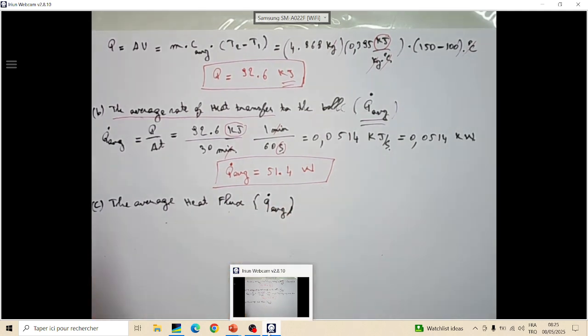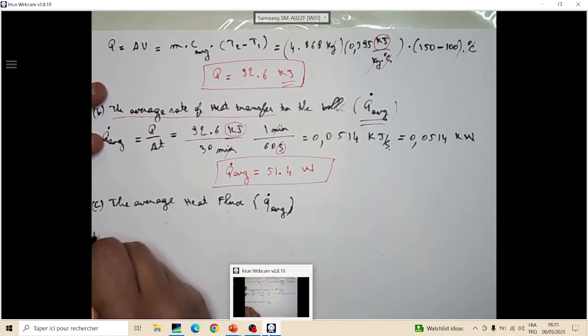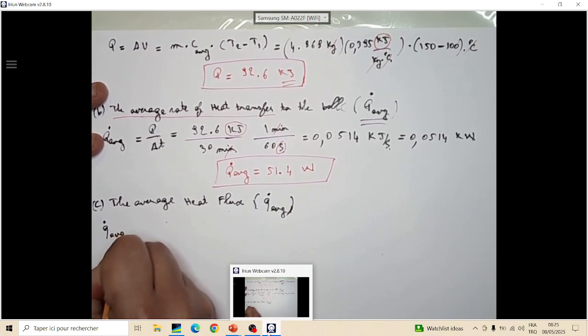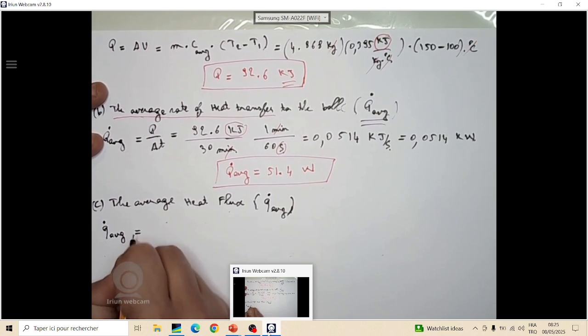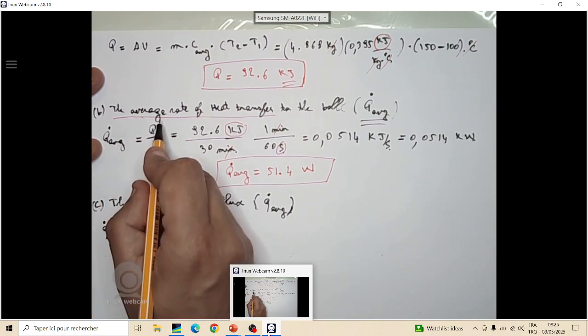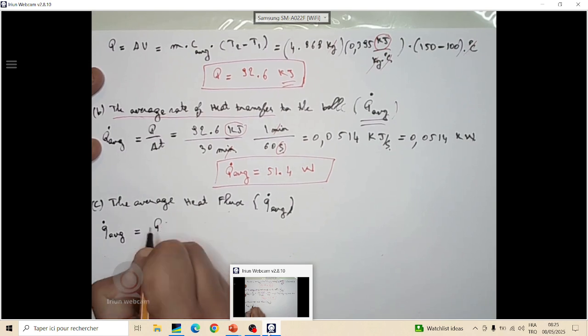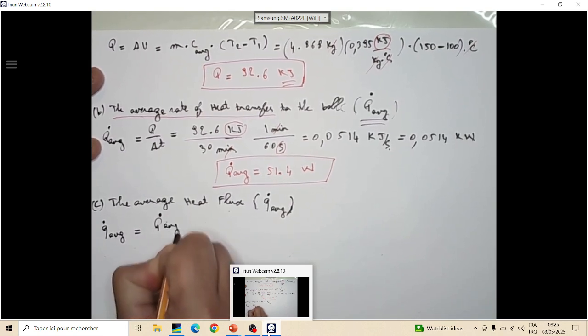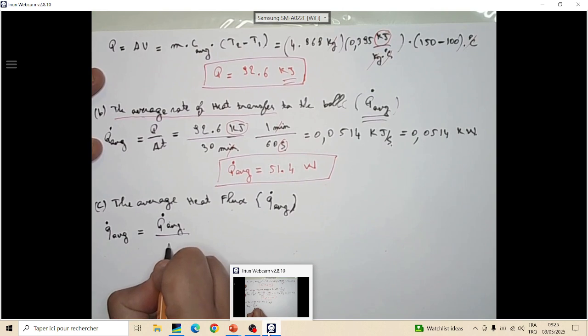The formula for calculating the heat flux is this one: the heat flux, small q dot average, is equal to big Q average, the average rate of heat transfer, divided by A, which is the area of the ball, the area of the sphere.